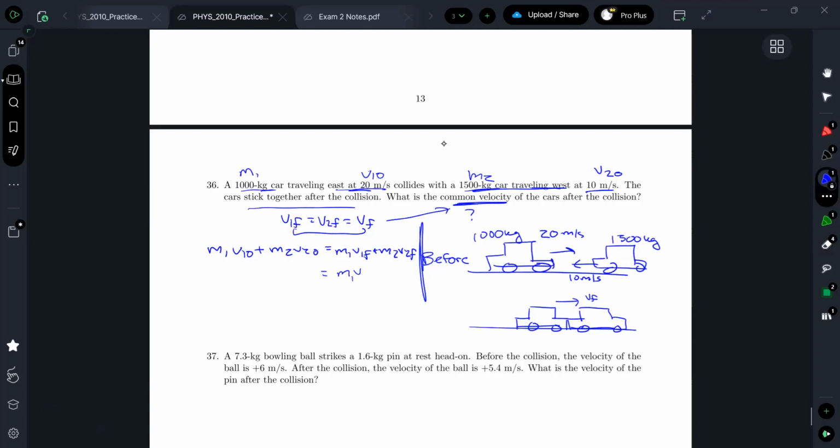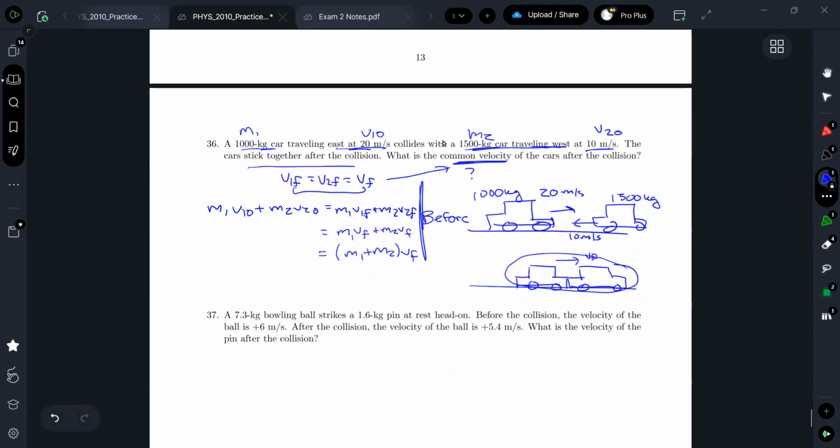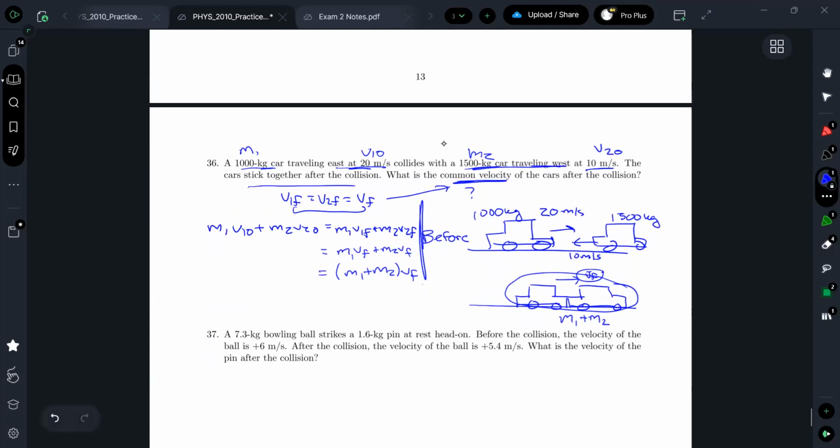To say M1 VF plus M2 VF on the right side, or I can factor VF out, get M1 plus M2. I could also get that by just saying I now have this bulk object, these joined cars. That's my thing that's moving after. It has a mass M1 plus M2. It is moving at velocity VF. So if I were talking the velocity vector, it should have an arrow next. But it's a 1D collision, so I can get away with scalar components.